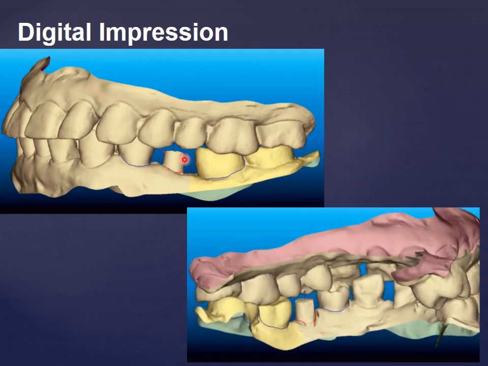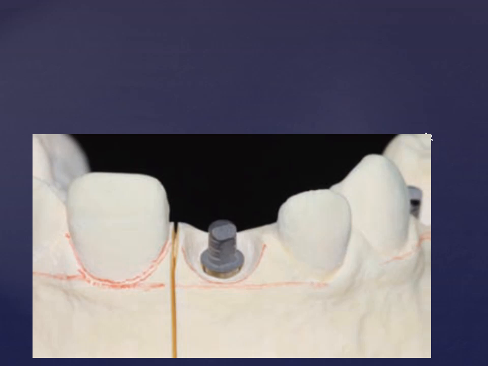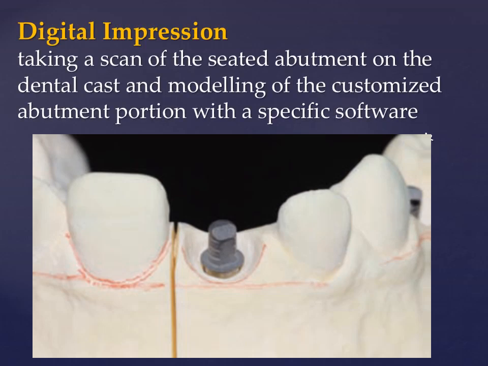We can see the shape of the abutment and adjacent and opposing teeth after taking the impression and using specific software, taking a scan of the seated abutment on the dental cast and modeling of the customized abutment portion.